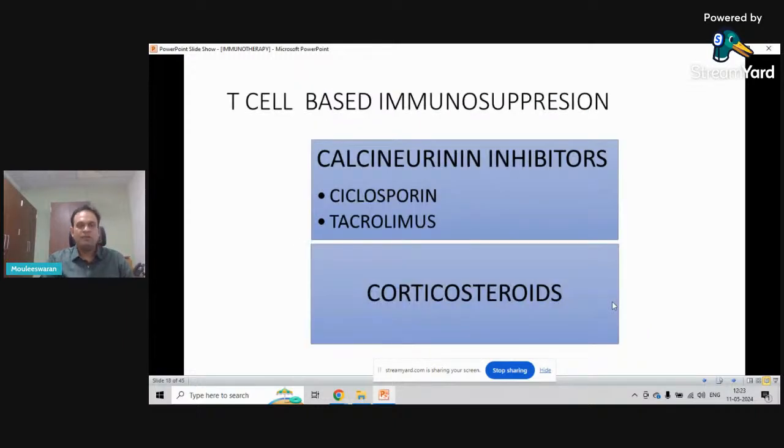The next group of drugs acts by producing T cell based immunosuppression, which is the calcineurin inhibitors, and another group of drugs which acts by a similar mechanism is the corticosteroids. Among calcineurin inhibitors, we have cyclosporin and tacrolimus.